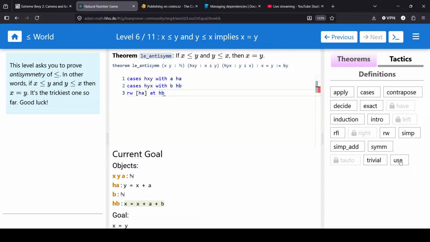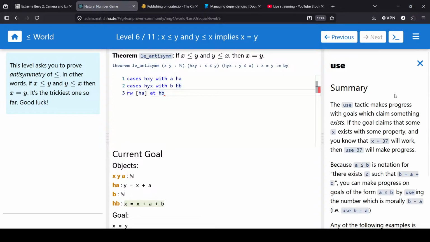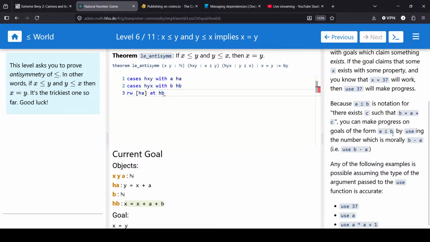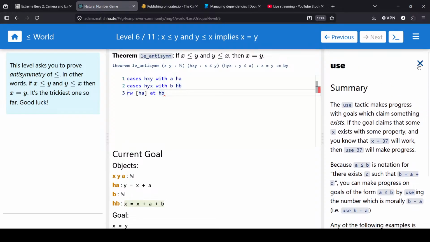Also, yeah, we still have U's. I haven't used the U's. But also, there's no such goal to use with.